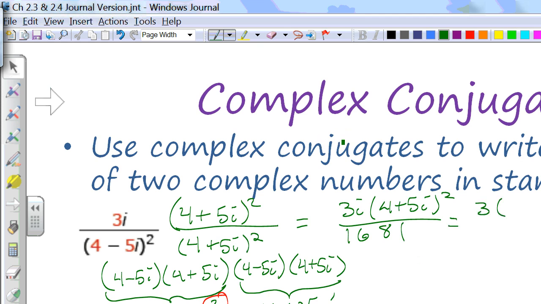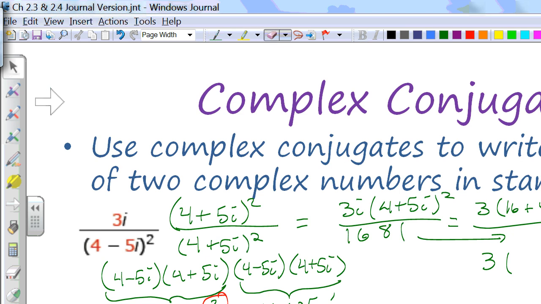So, when I square the 4 plus 5i, I get 16 plus 40i plus 25i squared. Okay, i squared changes this to a negative. So now I have 3, it's all the same denominator. 3 times 16 minus 25.